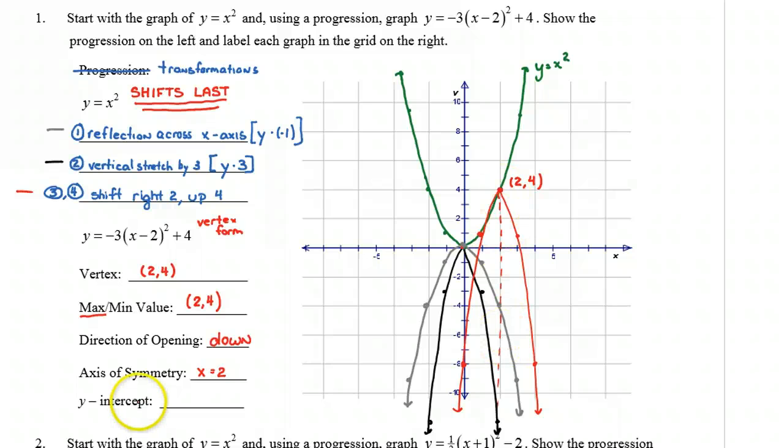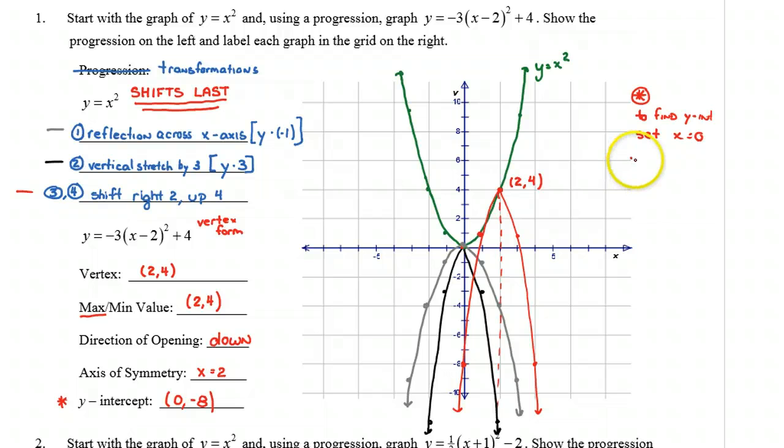And now we want to find the y-intercept. Now it just works out here that I can see the y-intercept from this graph. It's going to be 0, -8. But it's really important, let's put a star here, that whenever we're finding the y-intercept, we want to set x equal to 0 and solve.